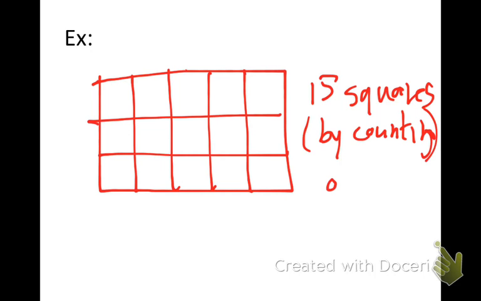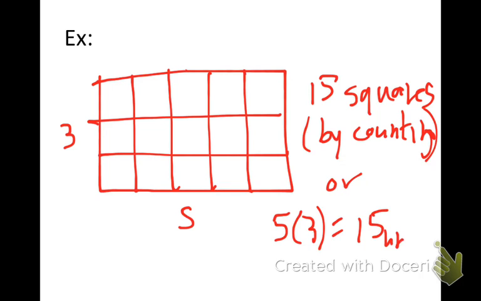How else could I figure out the area of that? Shatis? Length by width? Yes, it's 5 wide and 3 high, right? The length is 5, the width is 3. So we could take 5 times 3, and we also get 15 units squared.